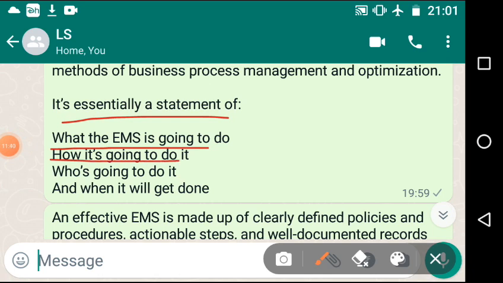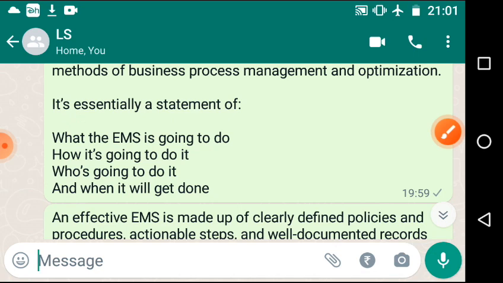So again I repeat, just like a quality management system, an environmental management system is a set of guidelines so that we can continuously work on it and improve based on methods of business process management, and we will optimize also.